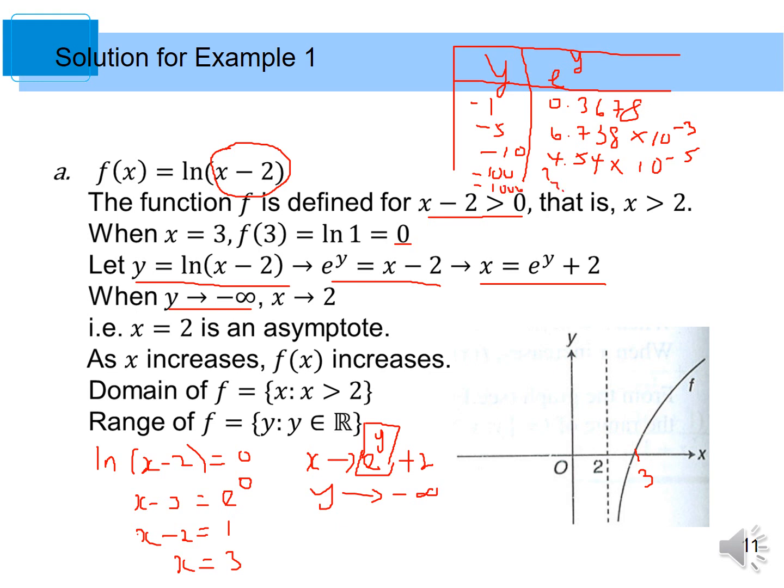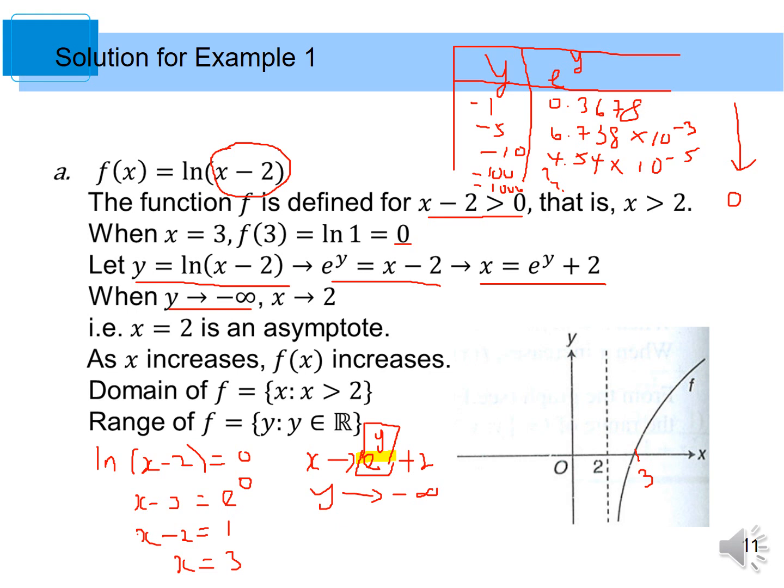You observe the value here. The value is getting smaller. So when the y value gets smaller, the value of exponent y also gets smaller, almost equal to 0. That is why the value here is almost equal to 0 when y tends to negative infinity.